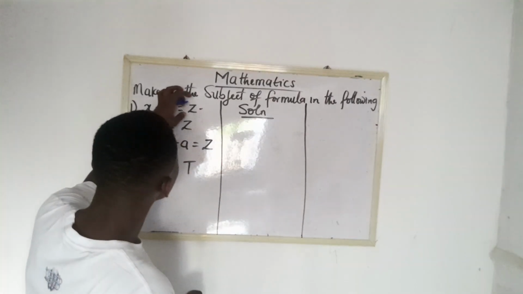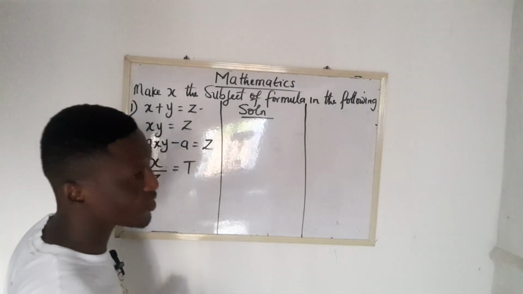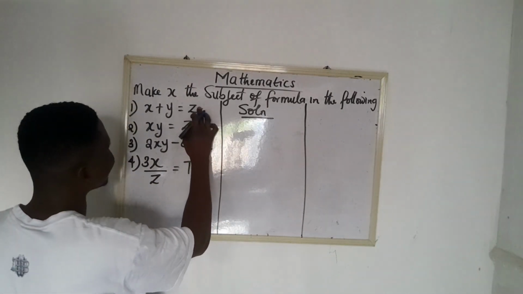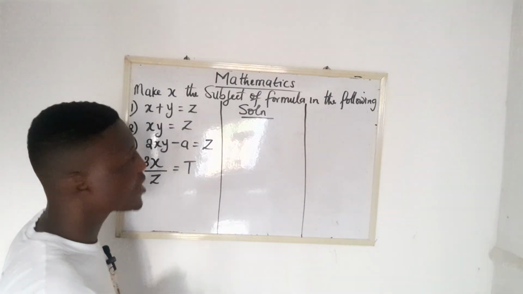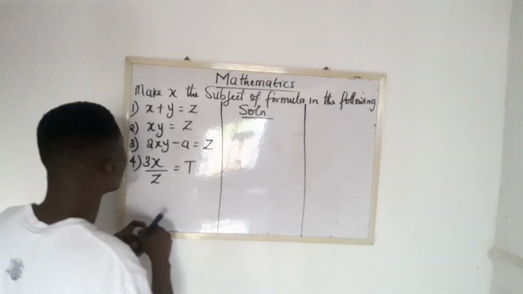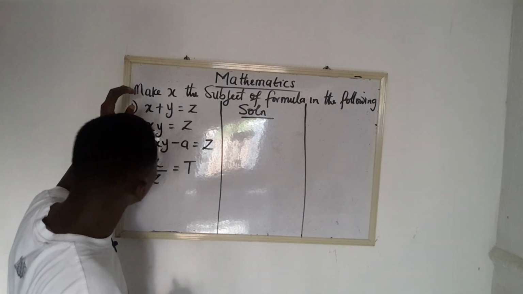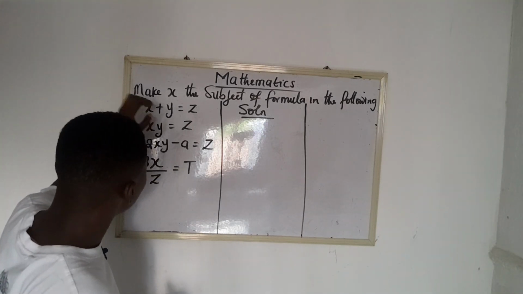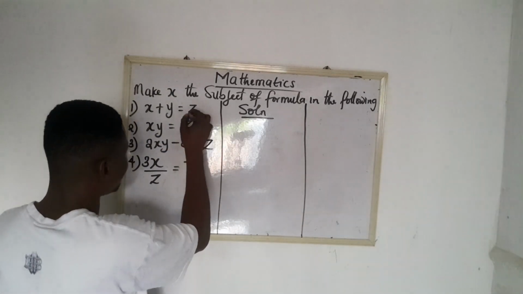Whenever a letter is standing on its own like this, we can refer to that letter as the subject of that formula. What we are trying to do here is to make another letter the subject of that formula. Z in this case is the subject.